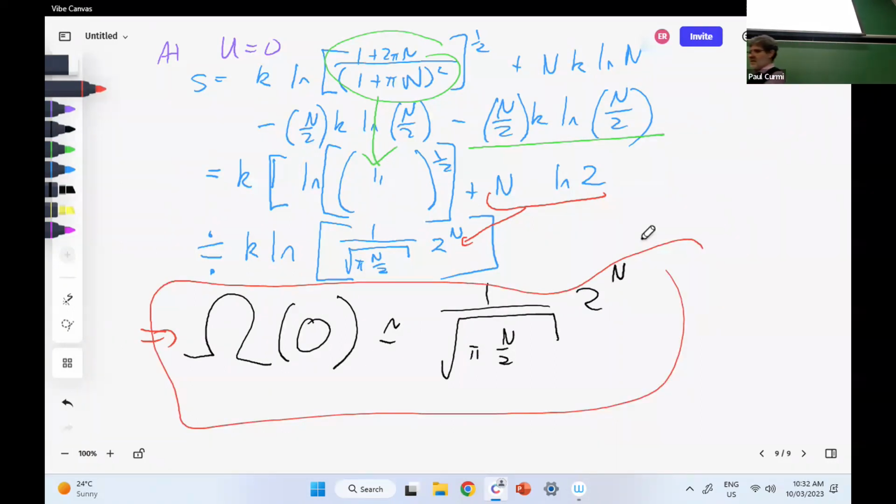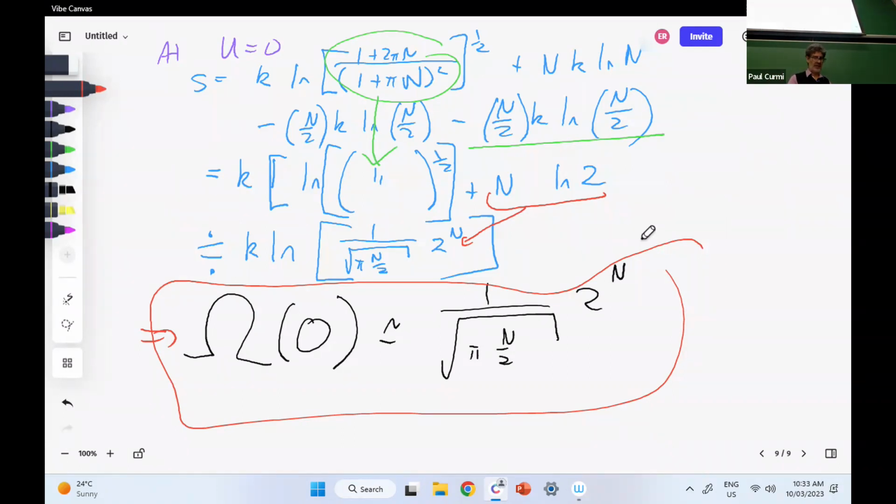Simplifying this messy equation, that's where I got that from. I'm just simplifying that equation and making approximations that 1 is small compared to n.